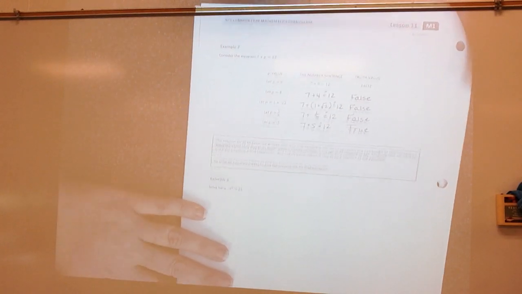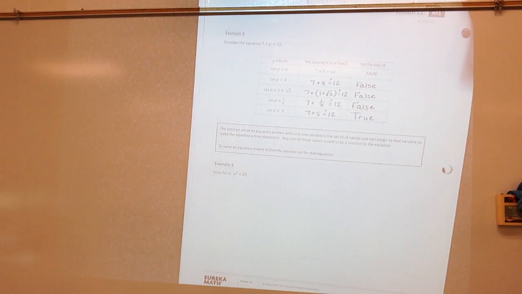All right, so let's look at our box. The solution set of an equation written with only one variable is the set of all values one can assign to that variable to make the equation a true statement. Any one of those values is said to be a solution to the equation. So solution set is everything I can put in for that variable that will make it true.